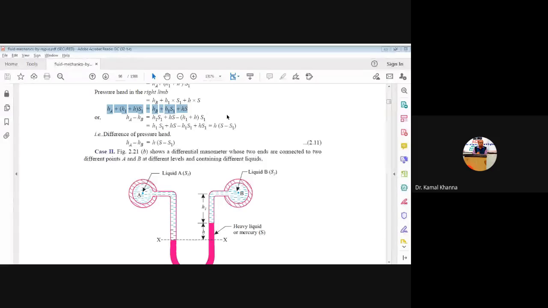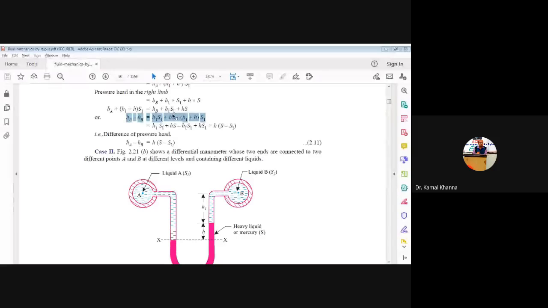Now we have to calculate the pressure difference between the two points. So HA minus HB is equal to H1 S1 plus HS minus H1 plus H into S1. We rearrange the equation: subtracting HB from both sides, the left side is HA minus HB, and what was added on the left goes to the right-hand side as minus H1 plus H into S1.